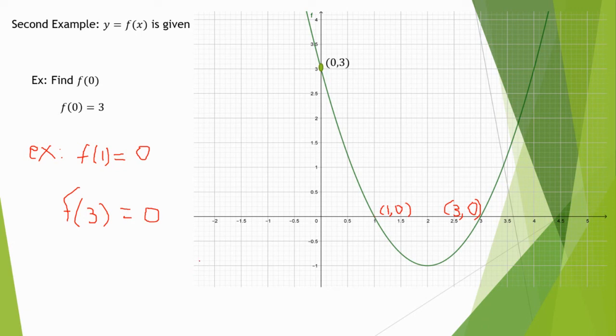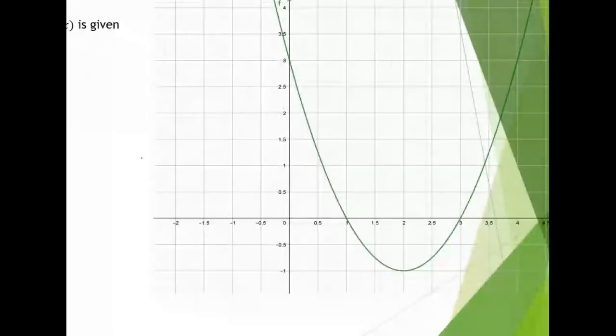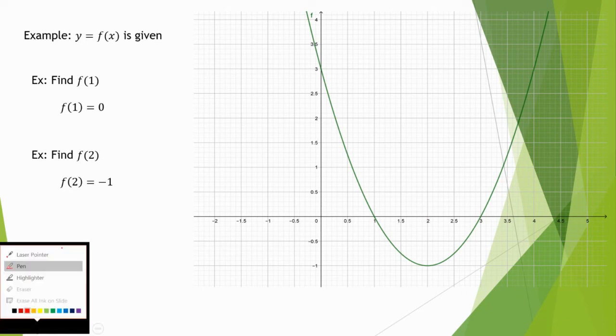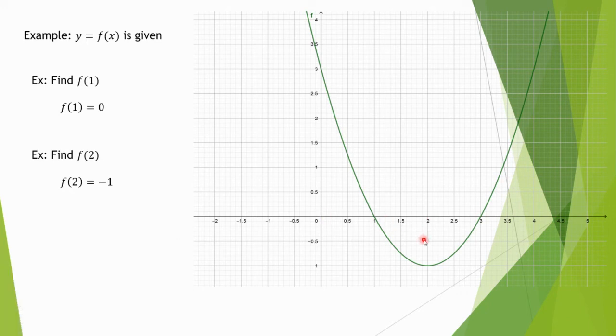Oh, in fact, I do have it on the next slide. I forgot I had that. But f of 1 is 0, as I just said, because we're on the x-axis. f of 2 is -1. Why is that? Again, you find 2 on the x-axis right here.